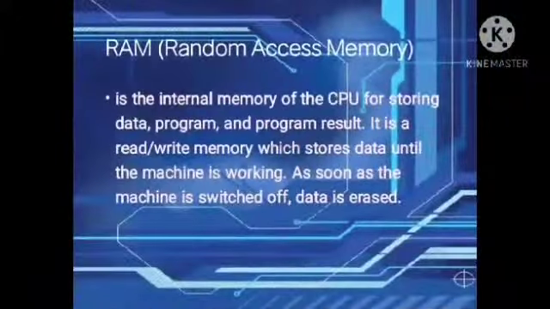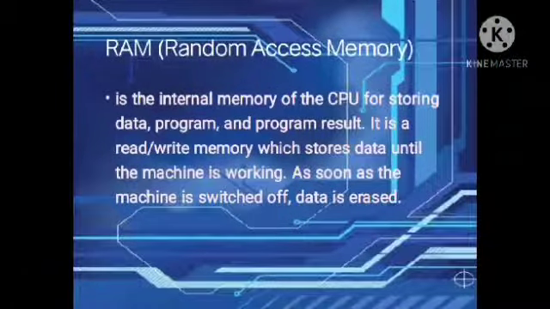This is the last subcategory of primary memory. RAM, random access memory, is the internal memory of the CPU for storing data, programs, and program results. It is a read or write memory which stores data until the machine is working. As soon as the machine is switched off, data is erased. So we all know RAM is volatile.